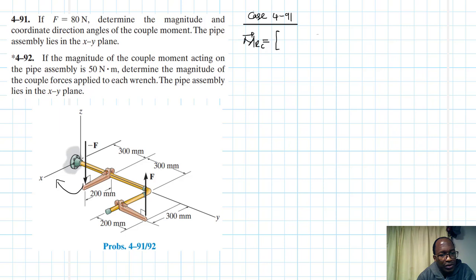So we'll have this rotation. This rotation is negative.